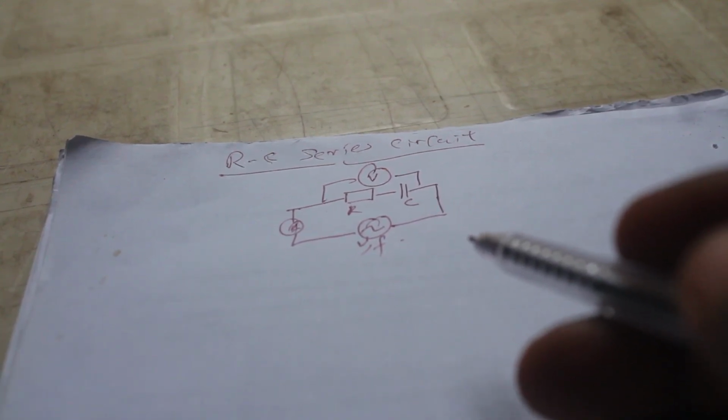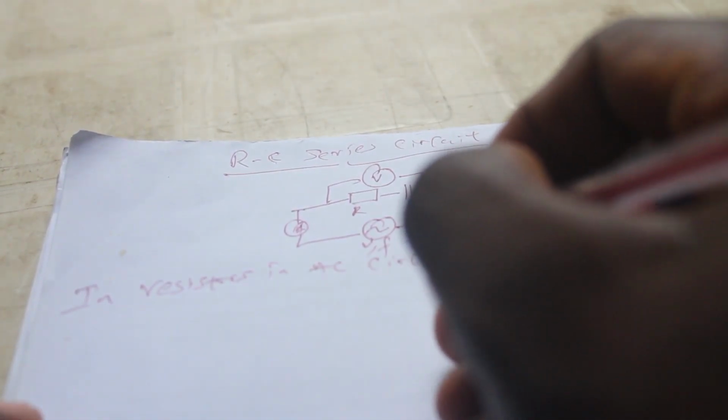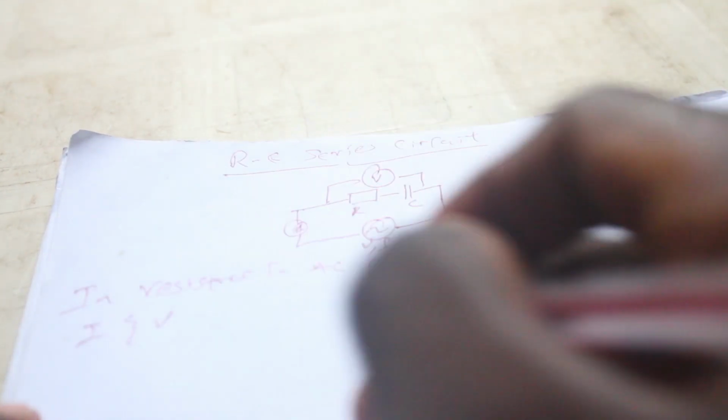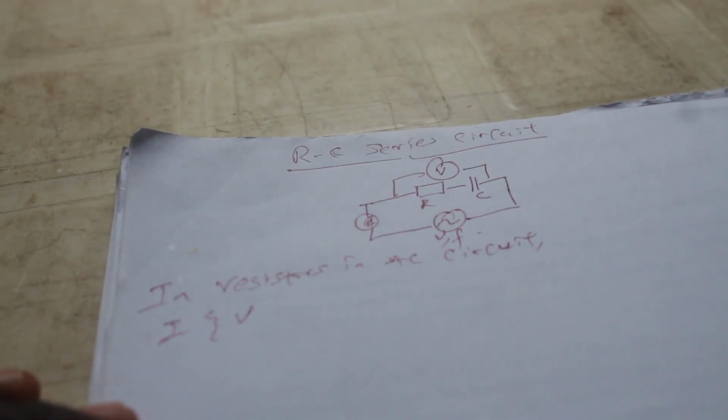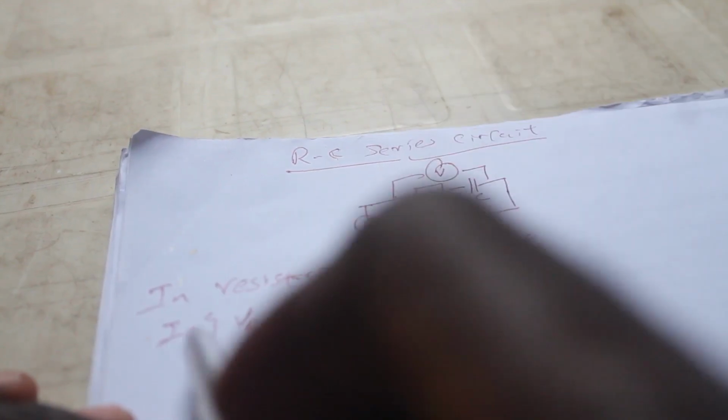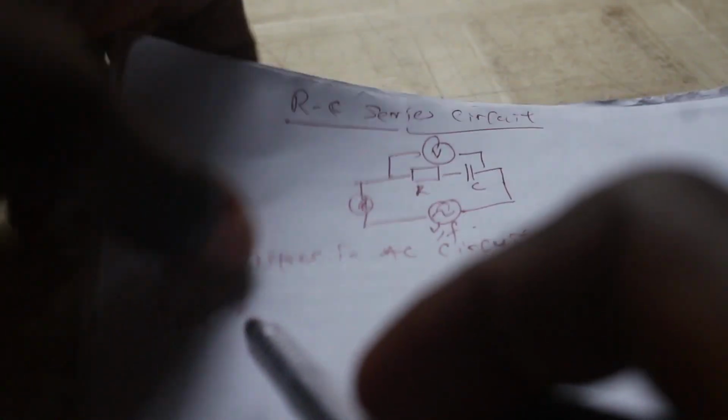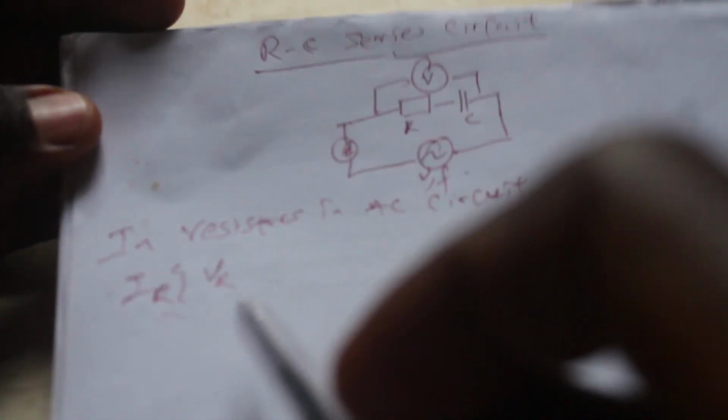Now, if you watch one of the videos we did when we discussed resistors in an AC circuit, we know that both the current and the voltage in the resistor are in phase.